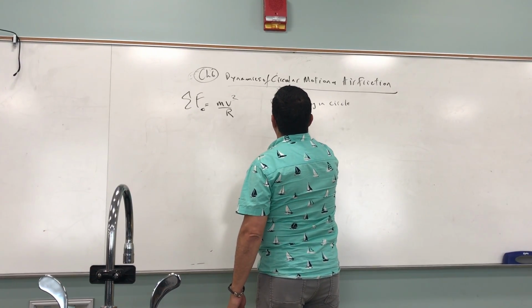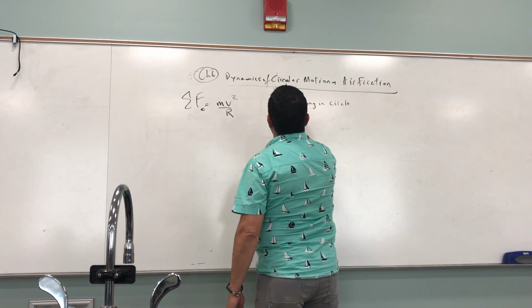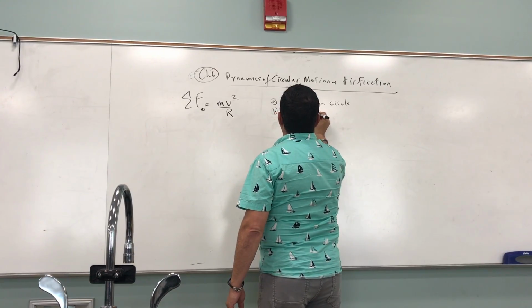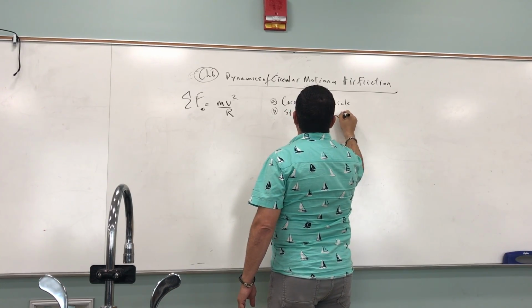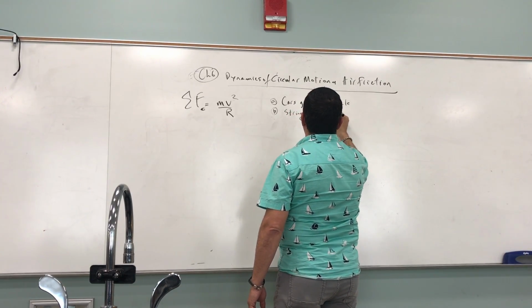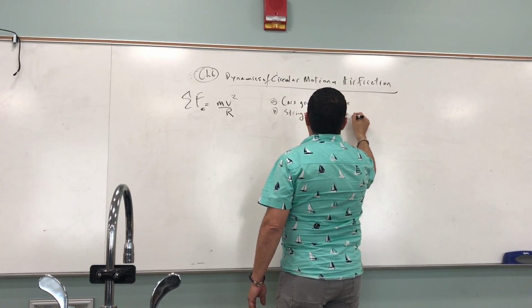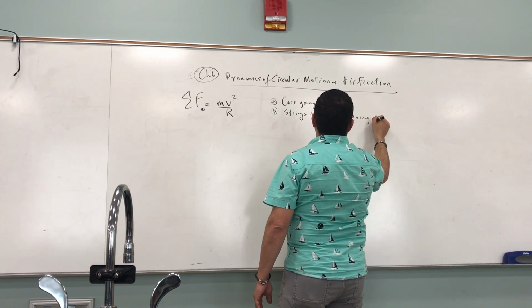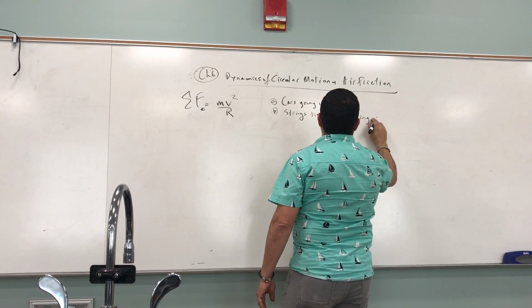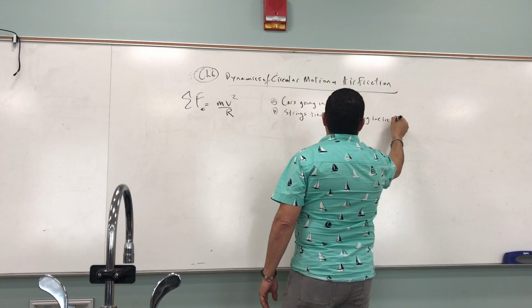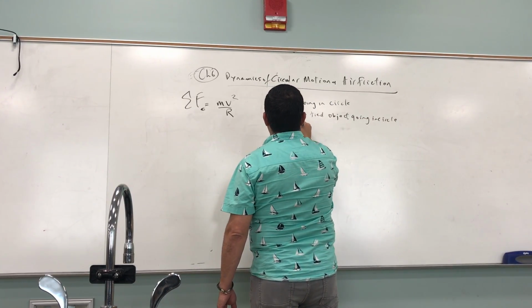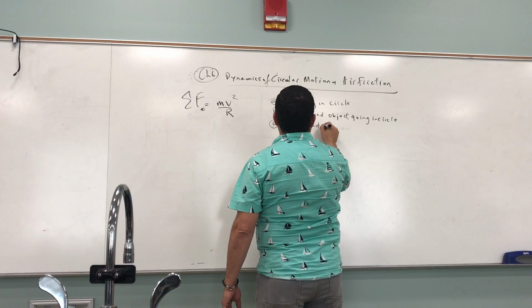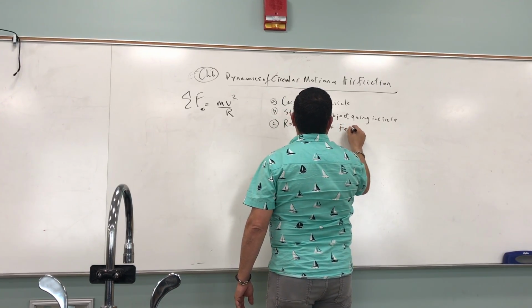B, the other one is a string tied to a block or tied to an object going in a circle. The other cases are like roller coaster rides, the Ferris wheel.